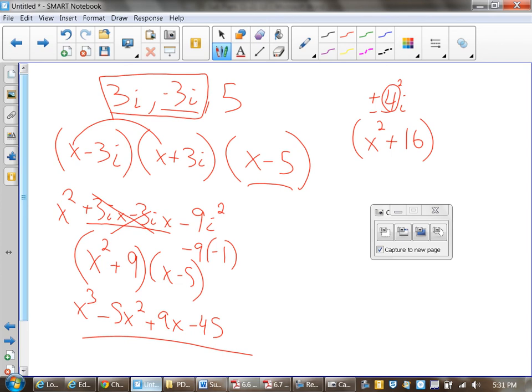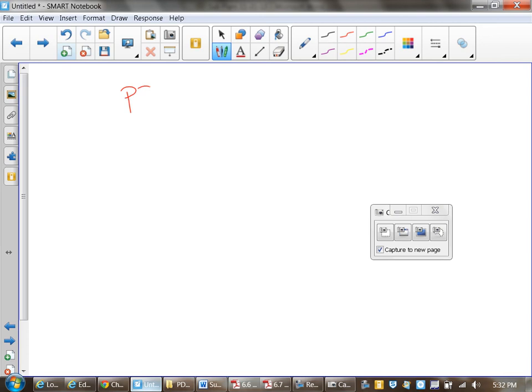So what I want you guys to work on tonight is I'm going to give you a couple more of the factoring problems out of 6.7 by finding zeros. We left off at 24. So on page 369, this is section 6.7, I'd like you to do numbers 26 through 46, evens. Oh, you know what? Let's stop at 42.